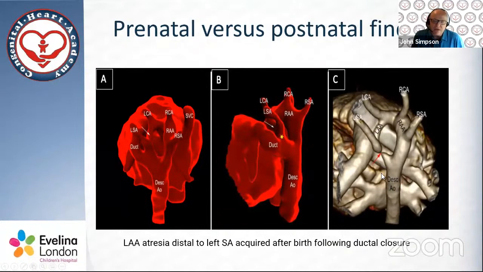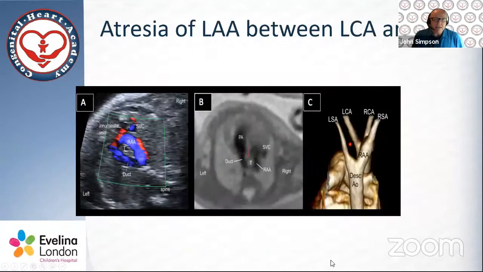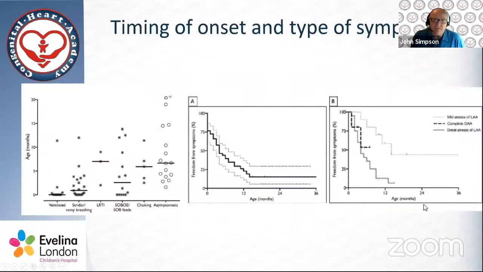And you can imagine where the duct is in this type of arrangement. Occasionally, in the minority, you can also see atresia develop between the left carotid and left subclavian. This is on the postnatal imaging, but that's the minority rather than the majority. Most of the acquired atresia is beyond the left subclavian artery.